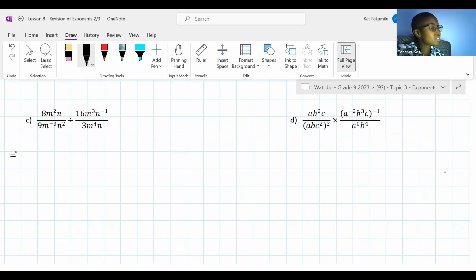So how did you write them? Tell me what you wrote. I said 8m squared n divided by 9m negative 3n squared. I actually wrote the question, and I canceled the n's because I wanna group the m's first.